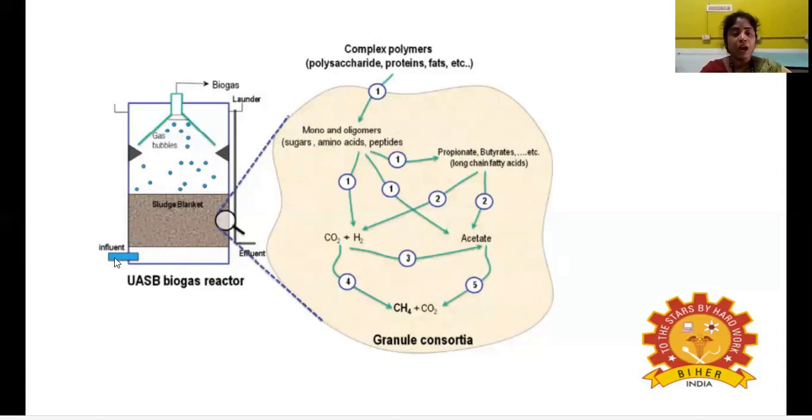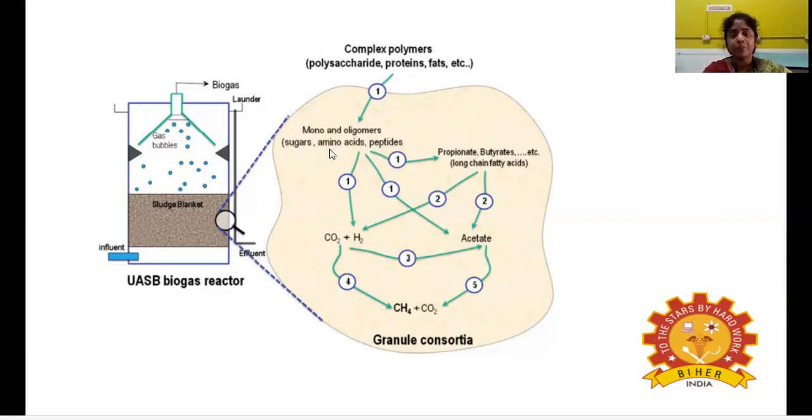The influent we give has microorganisms as a mixed culture, which, when the reaction is carried out, converts it into biogas. How do these reactions occur? Once the biogas has been formed, it is taken to the effluent. This reaction occurs in a step-by-step manner for biogas production.